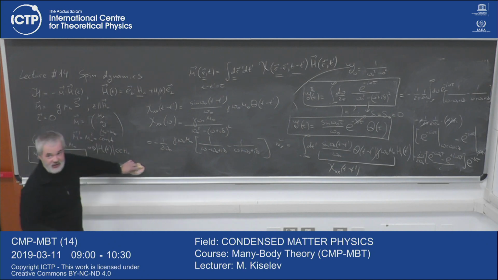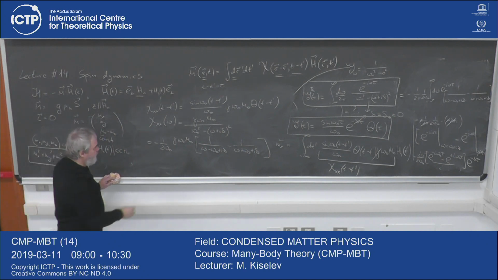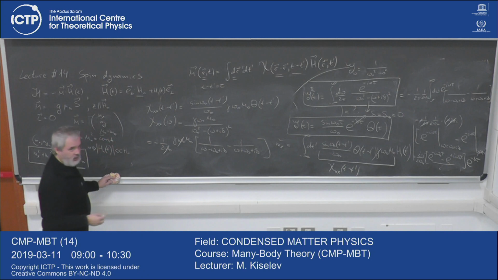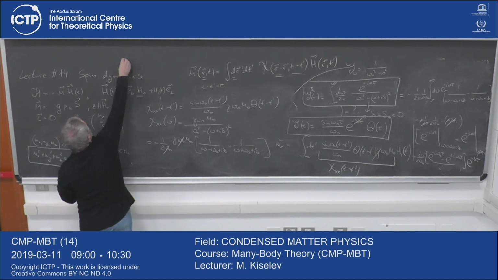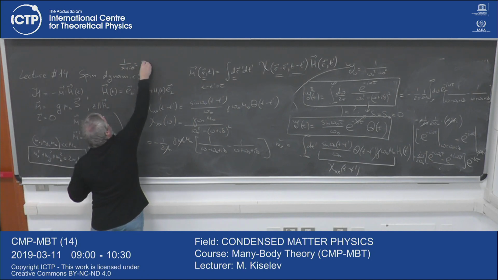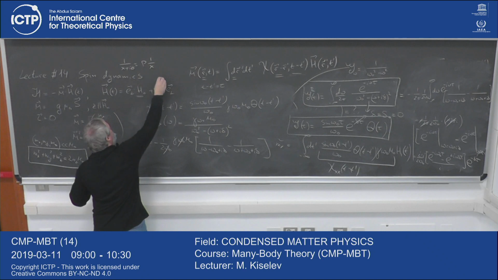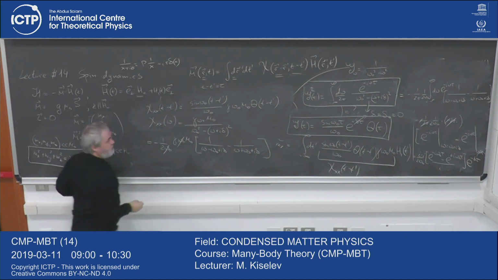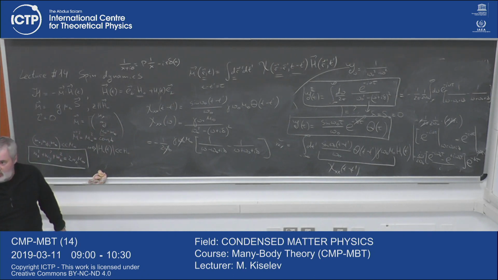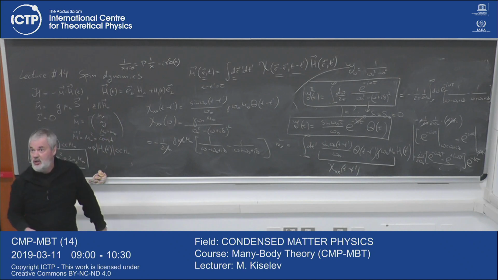As I said, this function has both real and imaginary parts, and you know that 1 over x plus i delta is equal to the principal value of 1 over x minus i pi delta of x. So this is how we define the quantity.